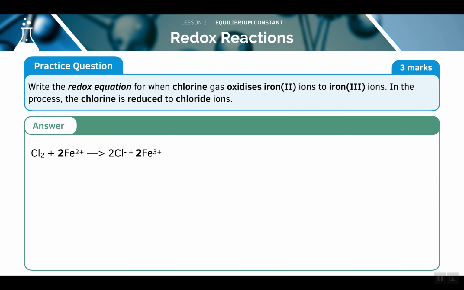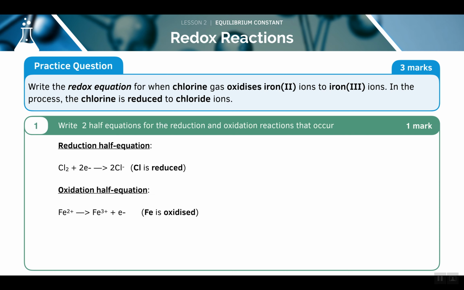Here's the answer. We'll go through it together step by step. First, we need to write out the two equations for reduction and oxidation. Here, we've got one for chlorine and one for iron. The chlorine has been reduced, whilst the iron has been oxidised.